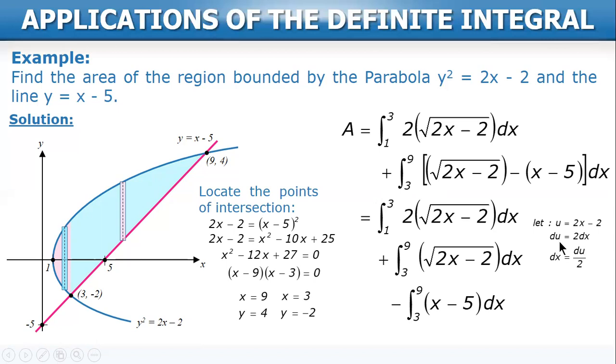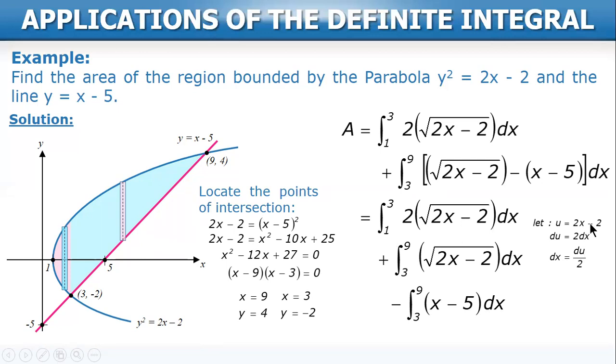Now, by changing the variable from x to u, we are going to change the limits because these limits 1 and 3 are in x. So, pag change the variable u and then du, i-change mo na siya. So, when x equals 1, u equals 0.